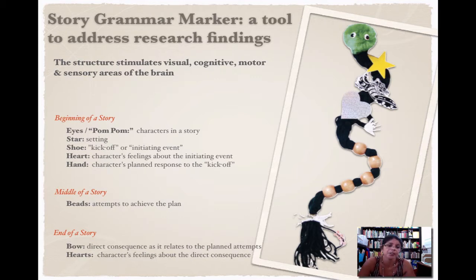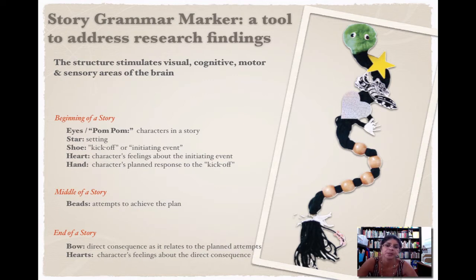The star represents the setting. The shoe represents some kind of initiating event, a kickoff to some other sequence. The heart is a character's feeling about the initiating events. The hand is the character's planned response to the kickoff.